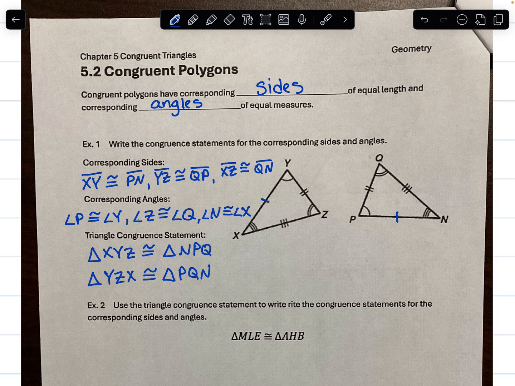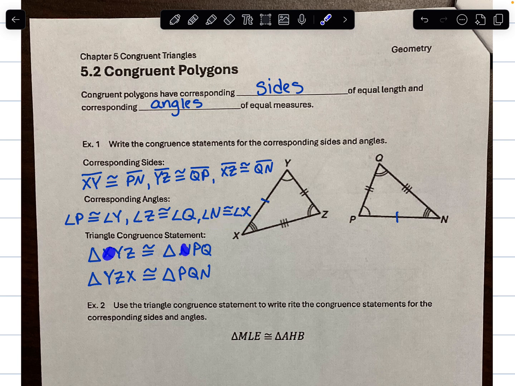Now, here's the other reason this is important to us, right? Because we can use this triangle congruent statement, which we're about to do in just a second, to tell what sides are congruent and what angles are congruent, okay? Because when it's written like this, what angle did I say was congruent to angle X? N. Notice, which two did I write first in my triangle congruence?